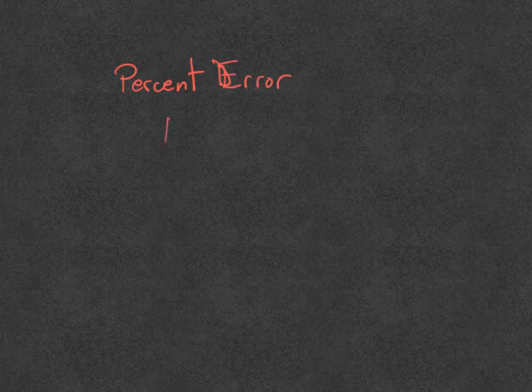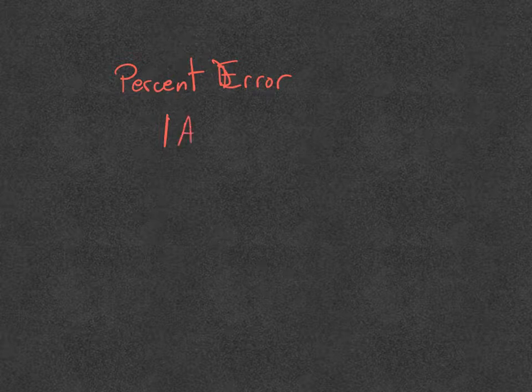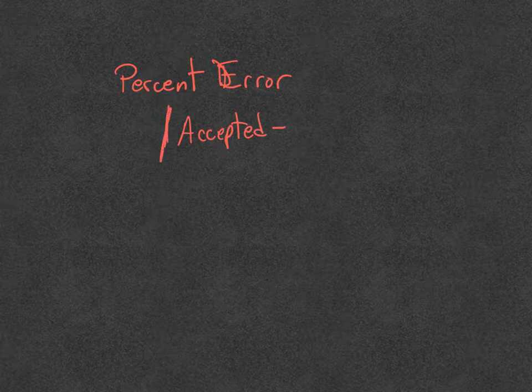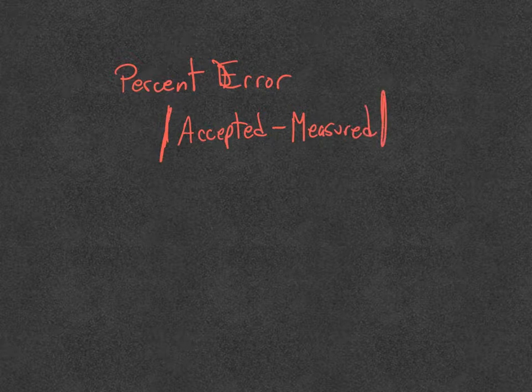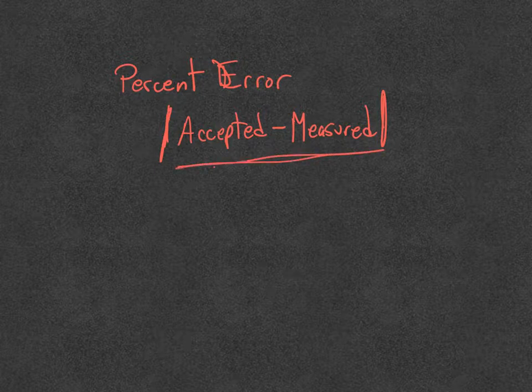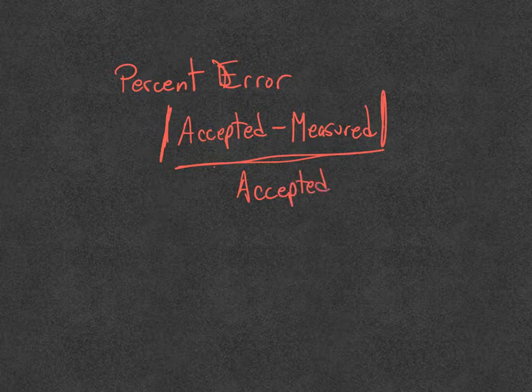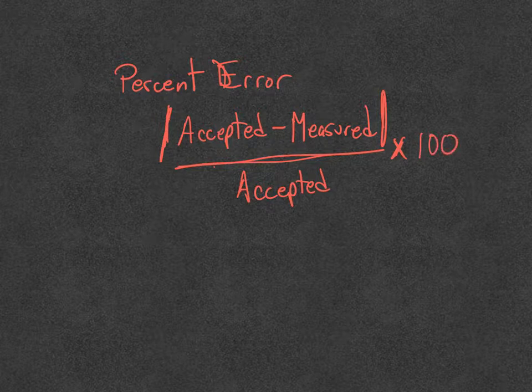The percent error is the absolute value of the accepted minus the measured. These lines here mean absolute value, so if it's negative, we just ignore the negative sign. So the difference between the accepted and the measured, divided by the accepted value, and because we're going to do it as a percent, times 100. That's going to give us the percent error in our experiment.